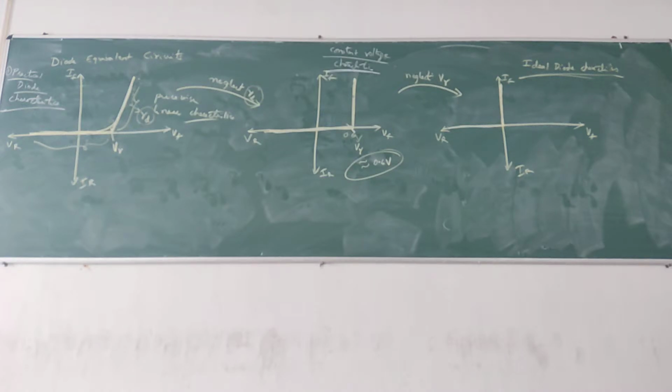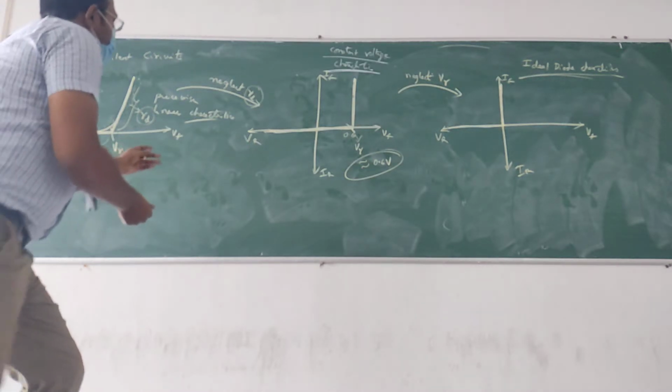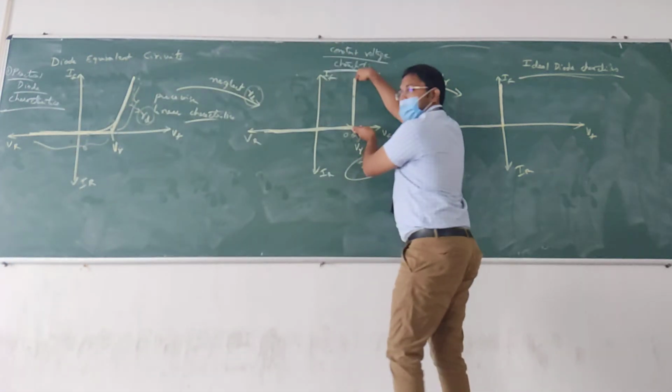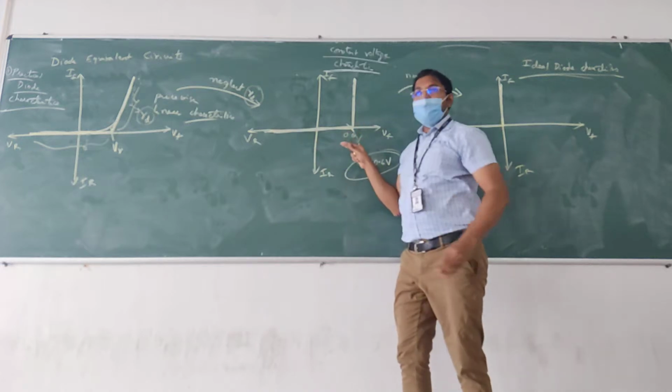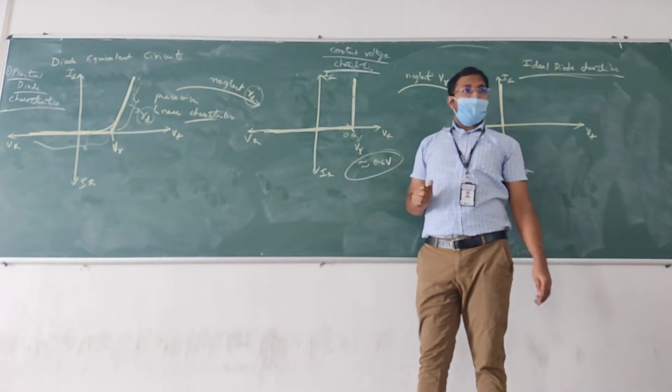Listen, all the characteristics are piecewise linear. Because you are taking one piece, and another piece, and each piece you are considering as a straight line.